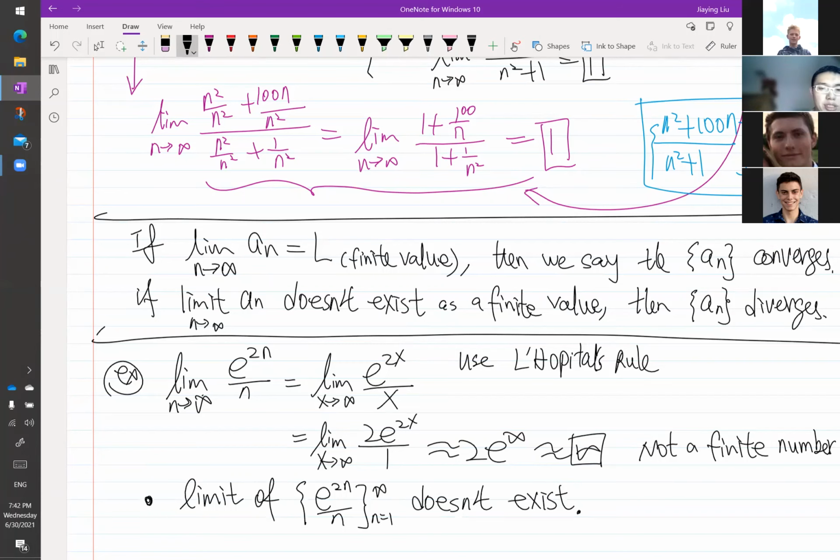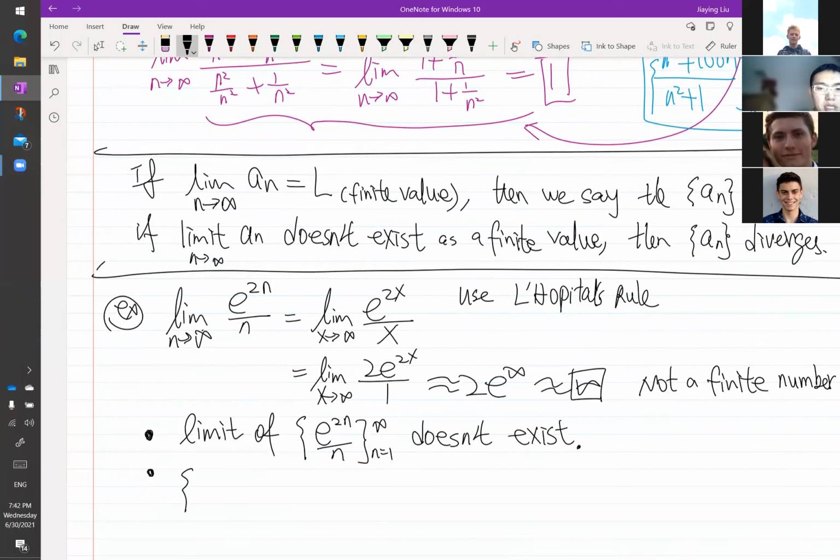So that's one way to see it. Another way to say it is that the sequence e to the 2n over n diverges. Because the limit doesn't exist, it does not converge. So it diverges.